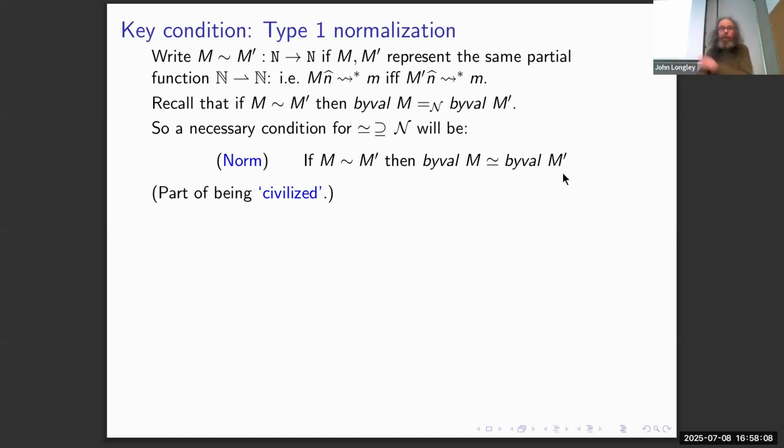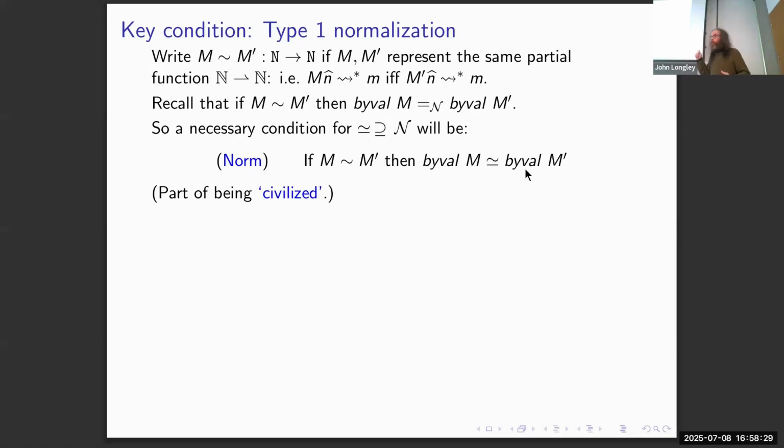But when you apply bival, that flattens out any differences between them, so that any implementations of the same mathematical type 1 function will be observationally equivalent. This, I claim, is one part of what it means to be civilized.